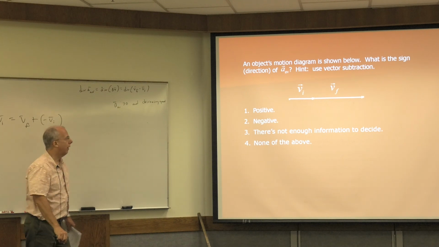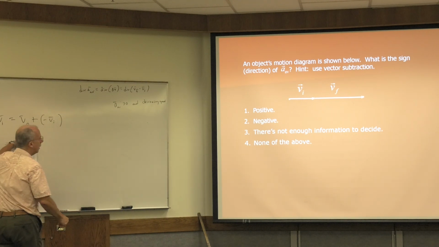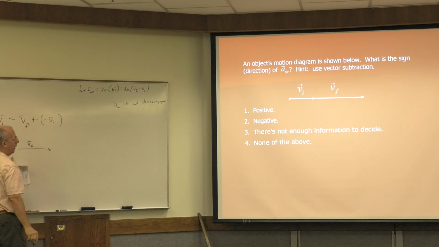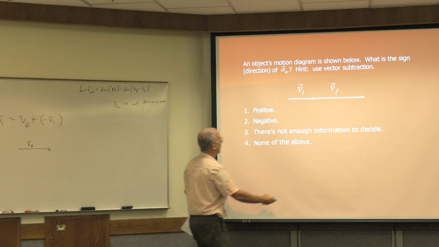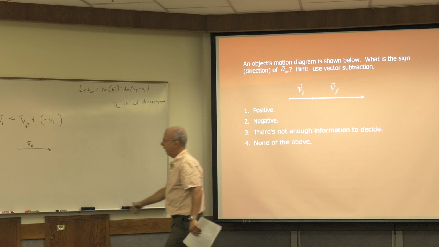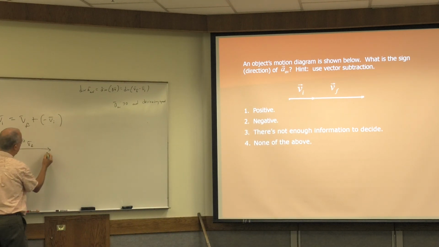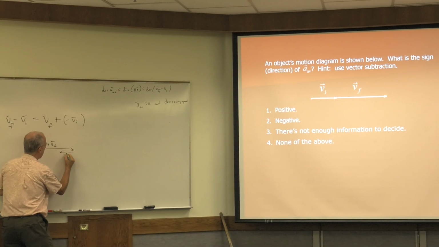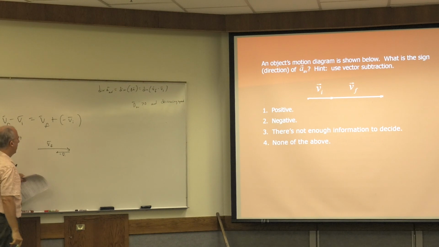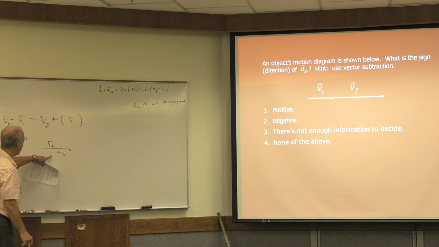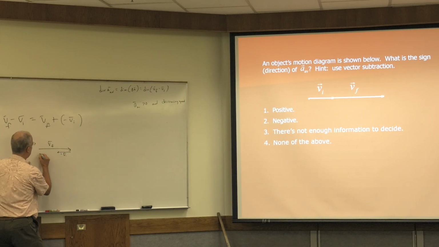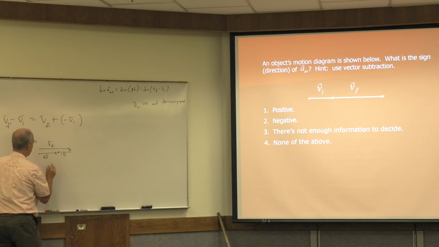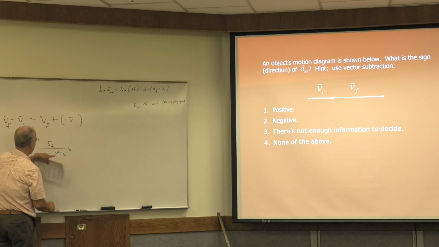Okay, you're back. All right, let's do it. So V final is this way. And then minus V initial is this way. So again, I'm not going to draw it on top. I'm just going to draw it a little bit below. So minus V initial is this way, and we go from the beginning to the end. So what is it? So it's this, right? So that's delta V, from the beginning to the end point.